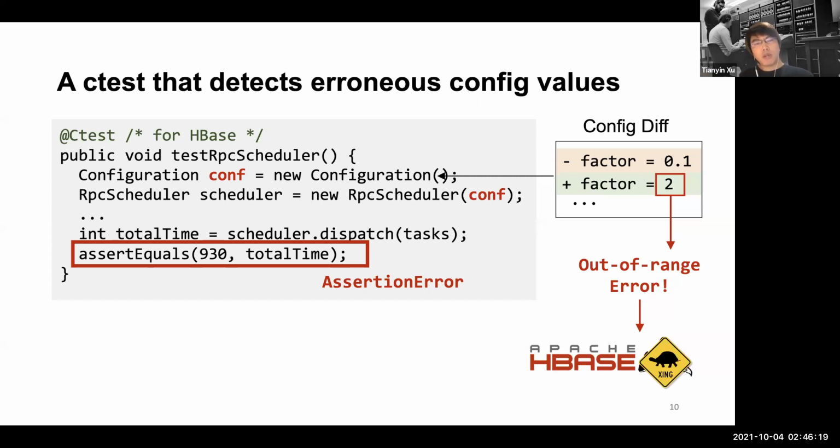The factor is for load balancing, so it should always have a deterministic scheduling behavior. And again, if we actually run a C-test ahead of time, it will just detect this bad config and prevent it from being deployed.